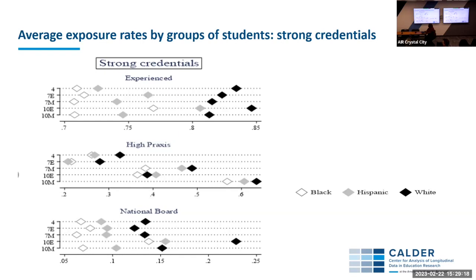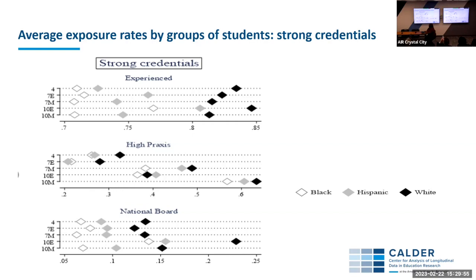So when we look at experienced teachers, and remember what those five rows are, it's different grades and subjects. What should jump out at all of you is that white students in each of these grades, elementary school, middle school, and high school, have greater exposure to experienced teachers. That first graph is all experienced teachers. The second graph is high praxis teachers, same basic pattern, but the proportions are different.